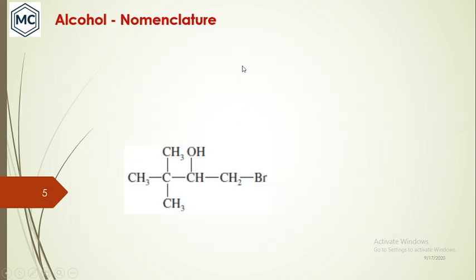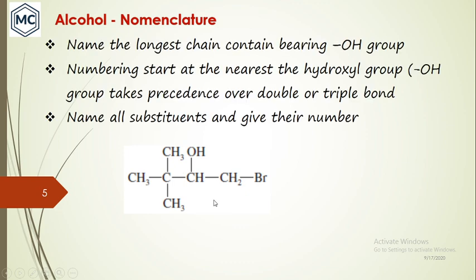Next is nomenclature. IUPAC nomenclature, and what are the rules? First, we have to find the parent chain, and name the longest chain containing the hydroxyl group. We should select the parent chain.